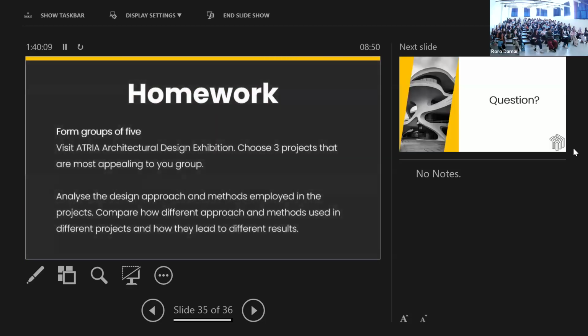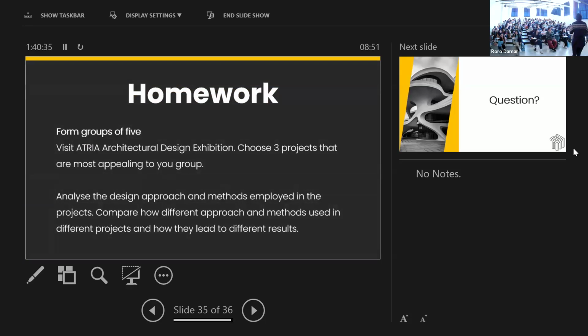Homework. Okay, so I have homework for you. You already have groups, right? Kak Evan has received the list, okay. You know that we are currently having a design exhibition, right? Okay.